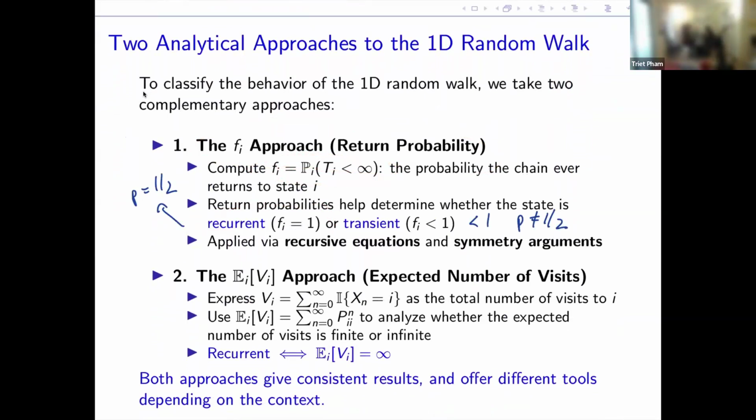And the same thing here: we'll show that when p equals 1/2, this happens. And remember, the key here is through the sum. Basically we'll work with the sum to show that this sum is infinite when p equals 1/2, and this sum is finite when p is not 1/2. Are we okay? So those are the two approaches.